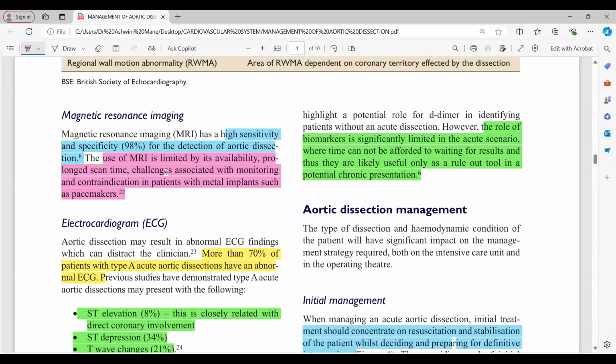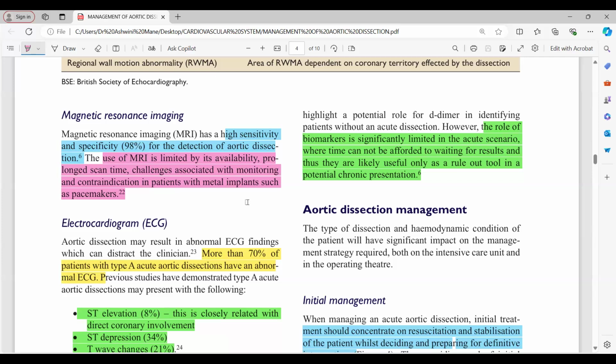This result highlights the potential role for D-dimer in identifying patients without aortic dissection. However, the role of biomarkers is significantly limited in the acute scenario where time cannot be afforded to wait for results, and thus they are likely useful only as a rule-out tool in potential chronic presentations.